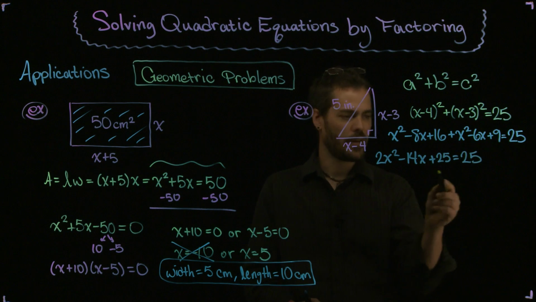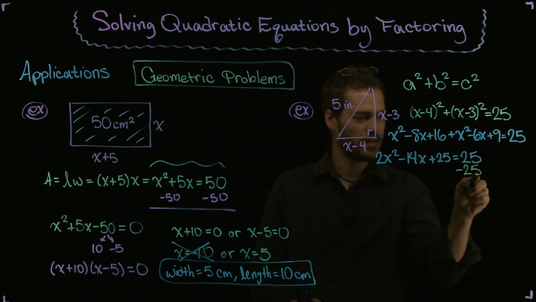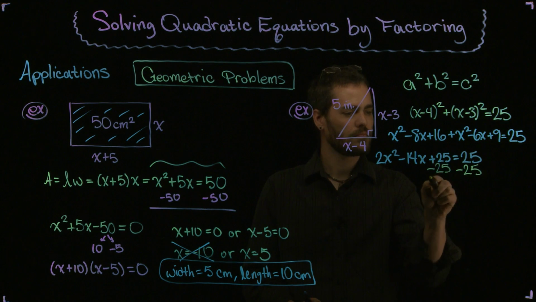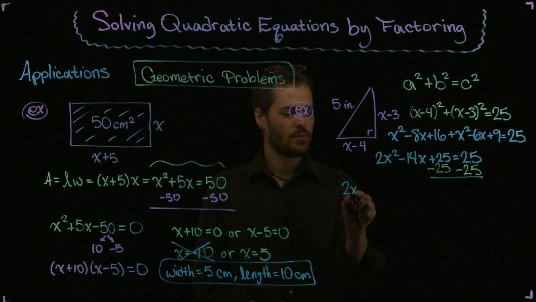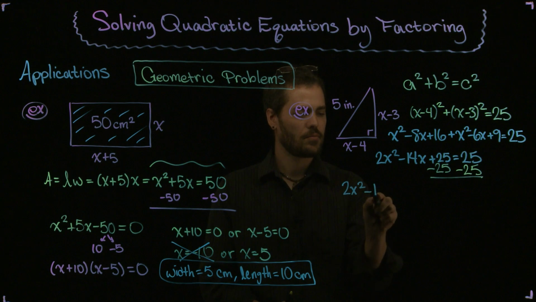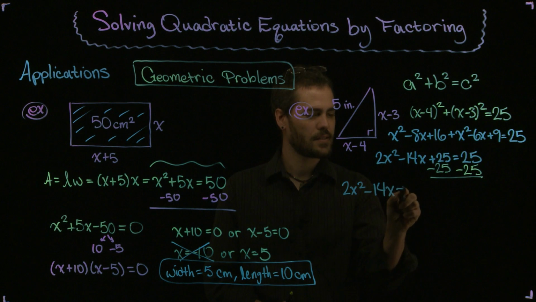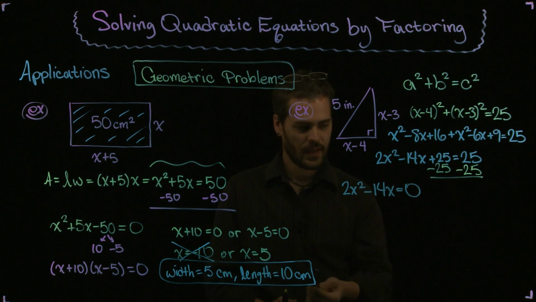I'm going to try to solve by factoring, so let's subtract 25 from both sides. And this gives me 2x squared minus 14x is equal to 0.